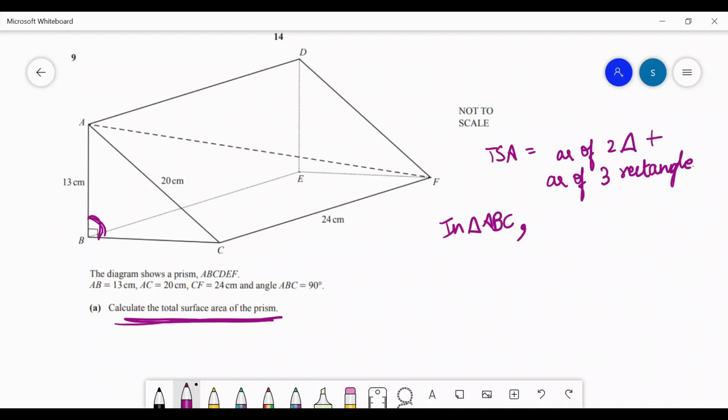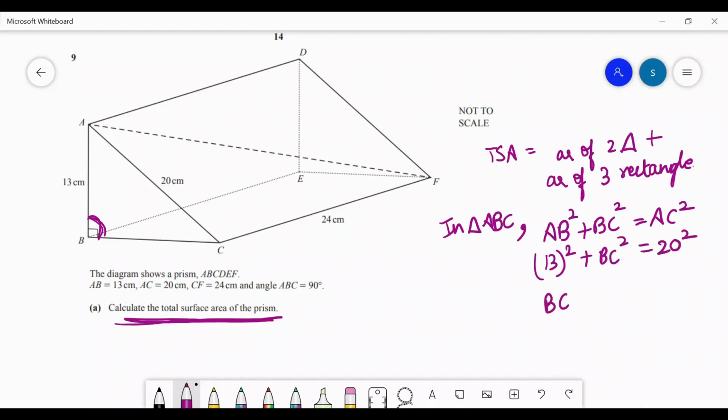It's right angled at B. So we can apply Pythagoras theorem. AB square plus BC square is equals to AC square. And AB is 13 plus BC square is equals to 20 square. And when you solve it, you get BC is approximately equal to 15.2 centimeters. So BC is 15.2 centimeters. Let me just write it here.